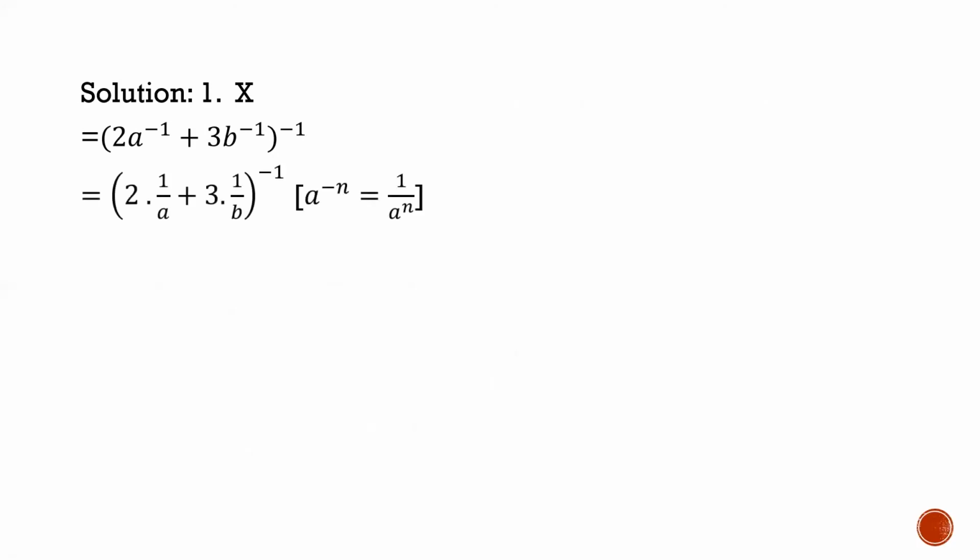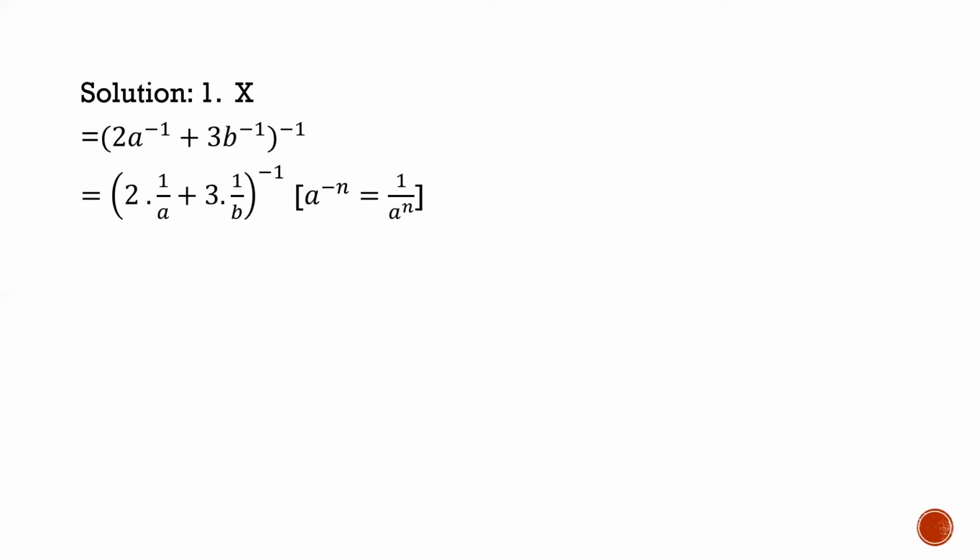So solution of 1, x equals (2a inverse plus 3b inverse) whole inverse. This was in the chapter also. So we have learned from there a inverse equals 1 by a. So (2 into 1 by a plus 3 into 1 by b) whole inverse. Here we have applied the formula a to the power minus n equals 1 by a to the power n.